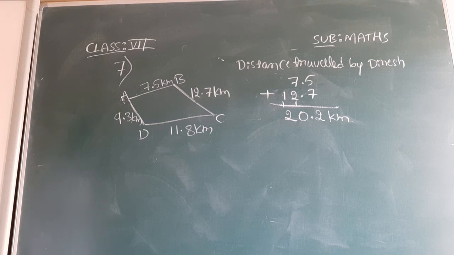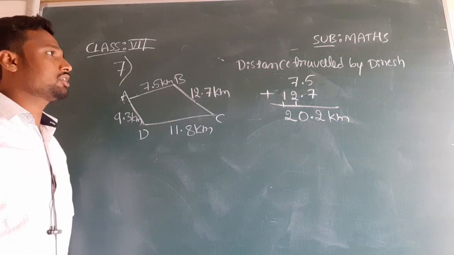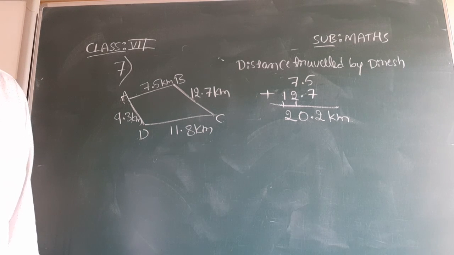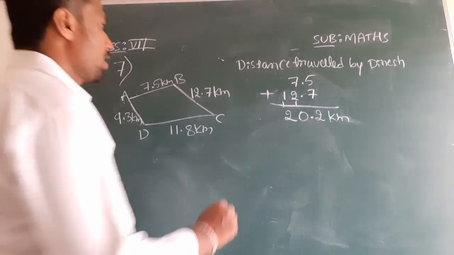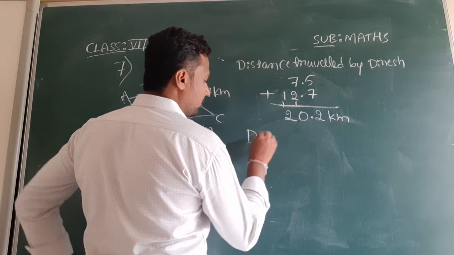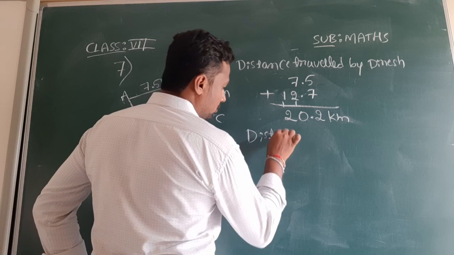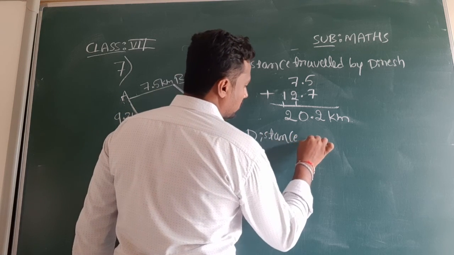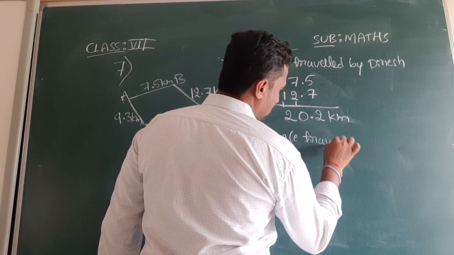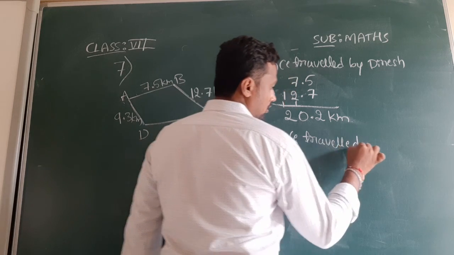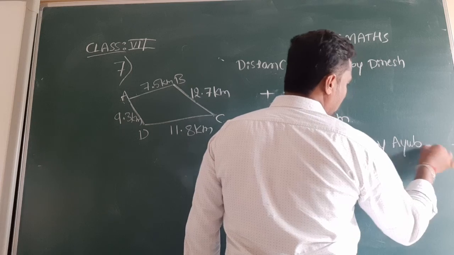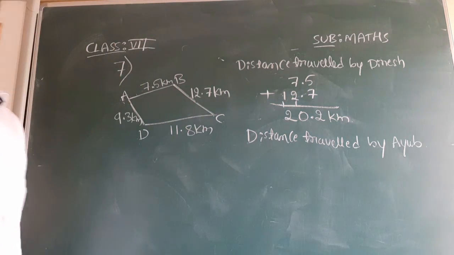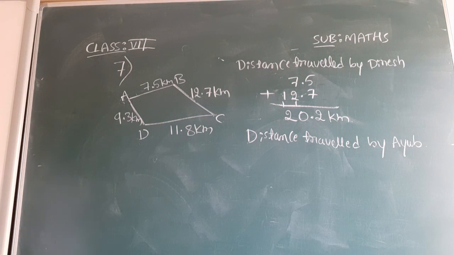20.2 kilometers. Now we will find out the distance traveled by Ayub. How will you find out the total distance traveled by Ayub?